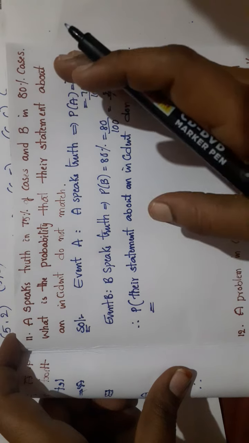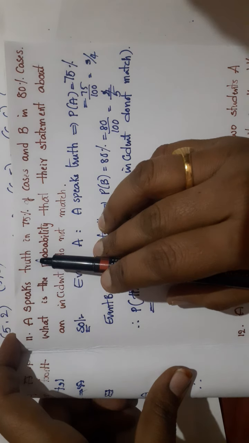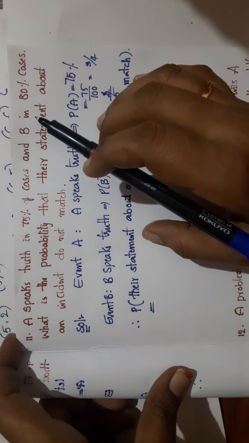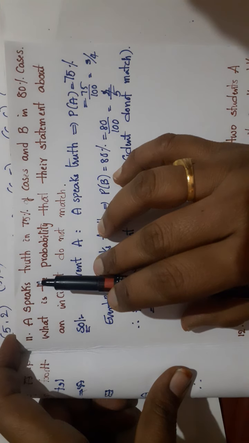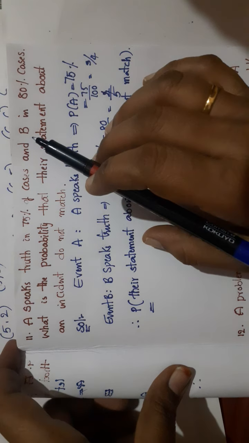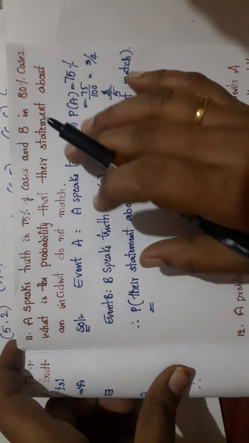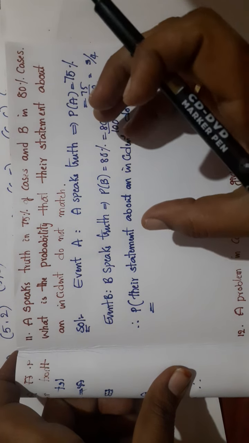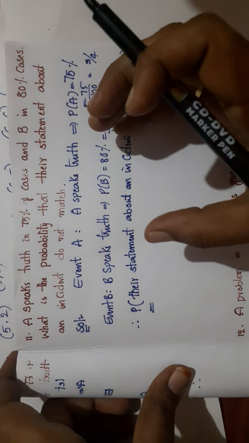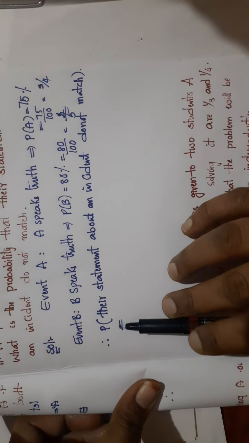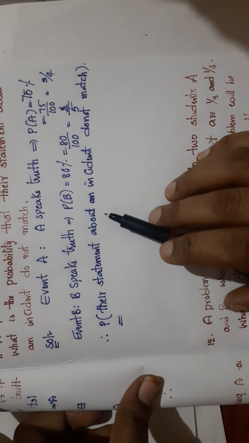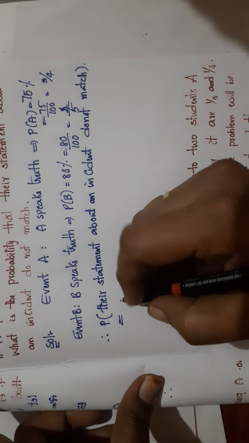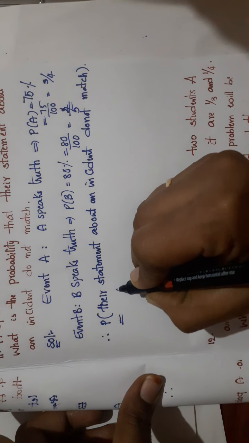Do not match means if A speaks truth, B should not speak truth. If A speaks lie, B should speak truth. Then only their statements do not match. So we have to find the probability that their statements about an incident do not match. What are the possibilities here?